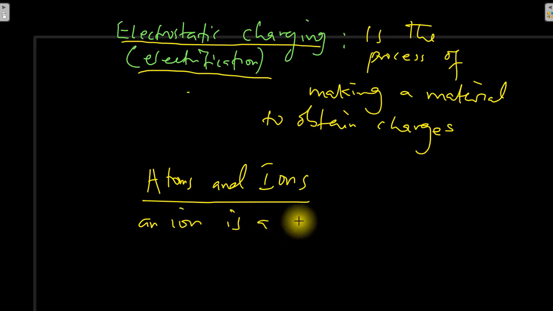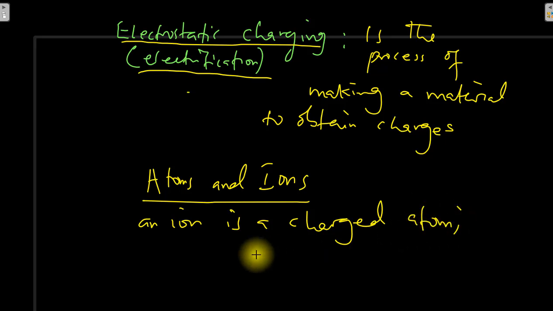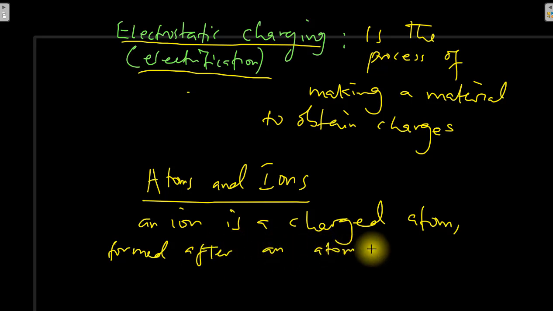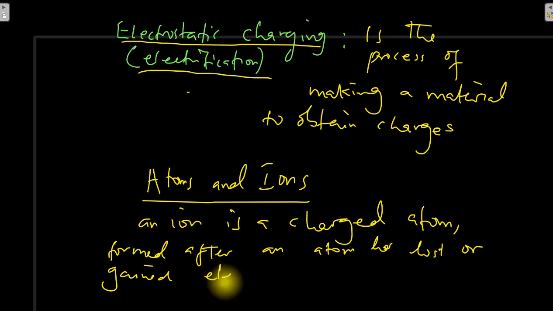An ion is a charged atom, and this is formed after an atom has lost or gained electrons.